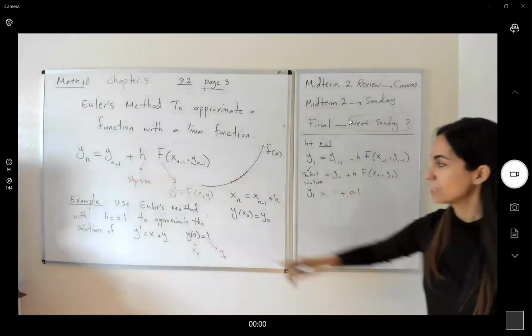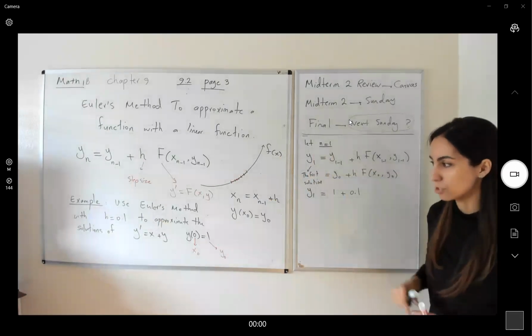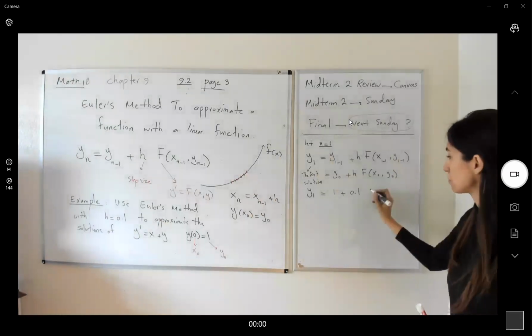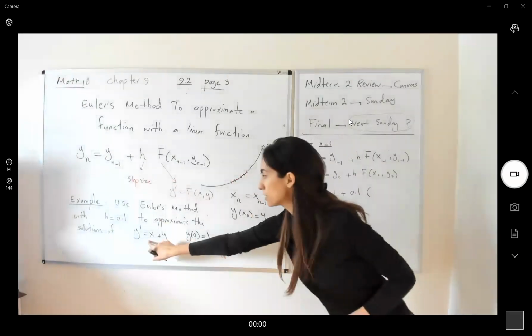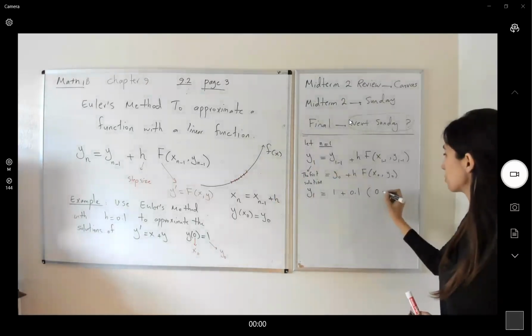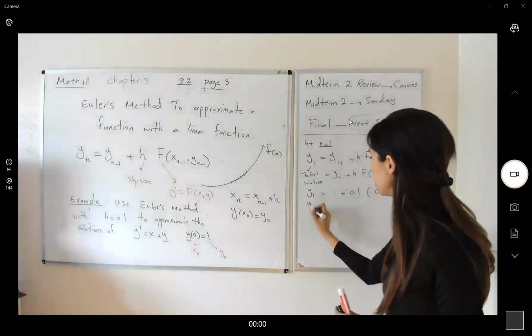What is f? F is the derivative of the function. The derivative is given, yes, you just plug 0 and 1, 0 times 1. So let's simplify the whole thing.